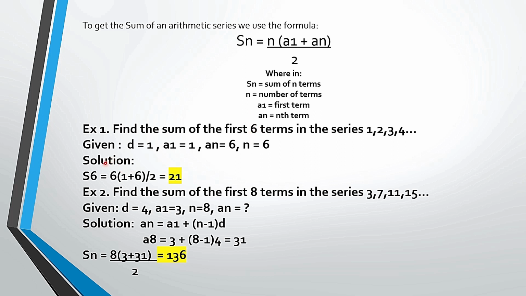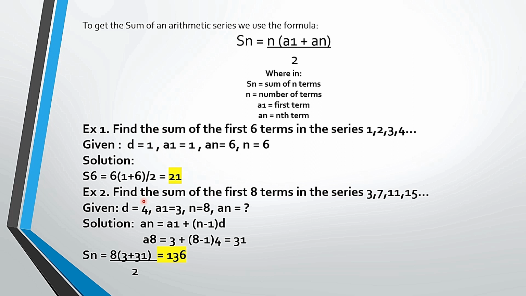We have the solution: S sub 6, or the sum of the first 6 terms, is equal to 6, which is the number of terms, times the quantity a sub 1, which is 1, plus 6 all over 2, and that will be 21.